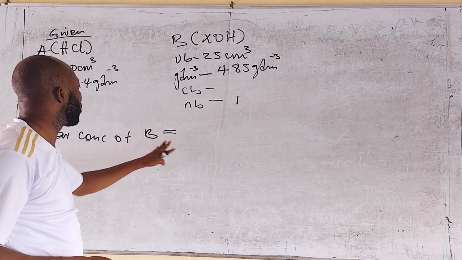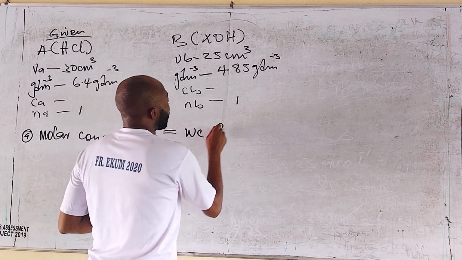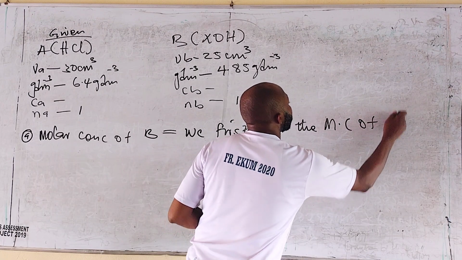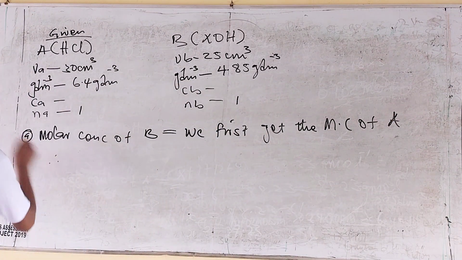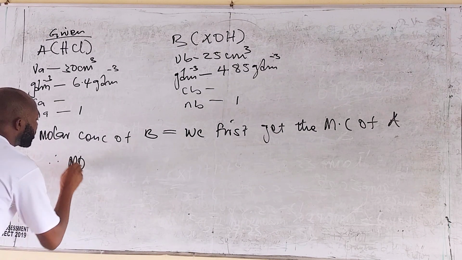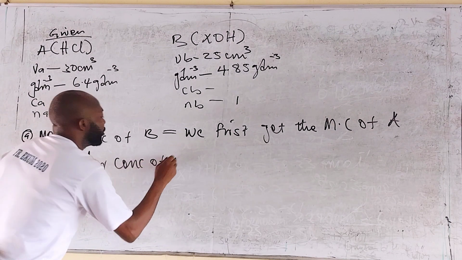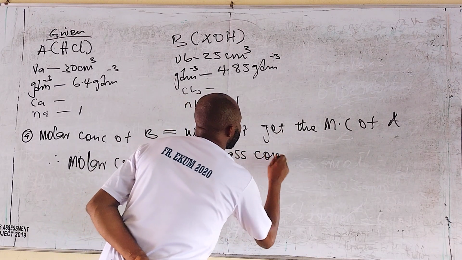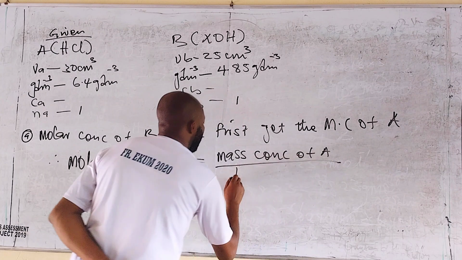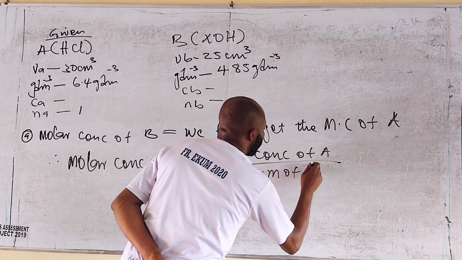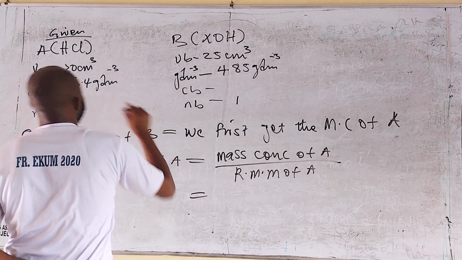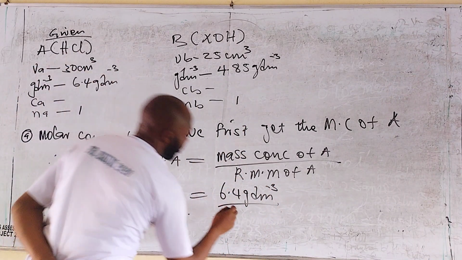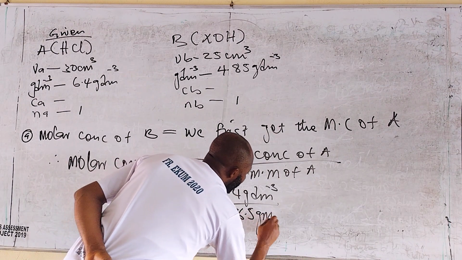So in order to do this molar concentration of B, we first get the molar concentration of A. Therefore, the molar concentration of A equals mass concentration of A over relative molecular mass of A. The mass concentration of A is given as 6.4 g/dm³ over the relative molecular mass of HCl, which is 36.5 g/mol.